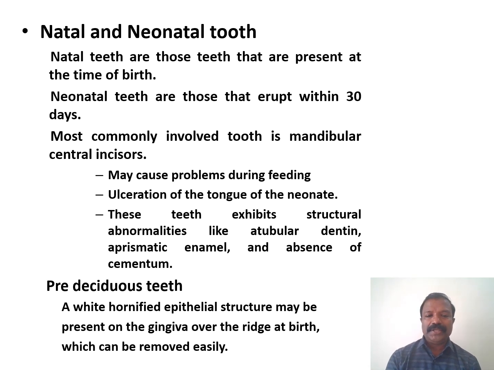There is a terminology known as pre-deciduous teeth. It's actually a white hornified epithelial structure, which may be present on the gingiva over the alveolar ridge at the time of birth, which can easily be removed. So it has to be differentiated from natal tooth.